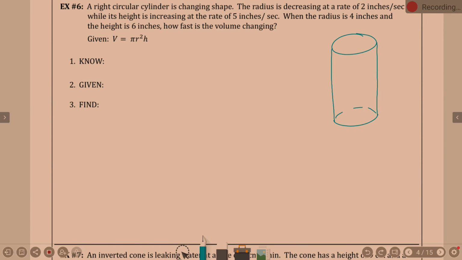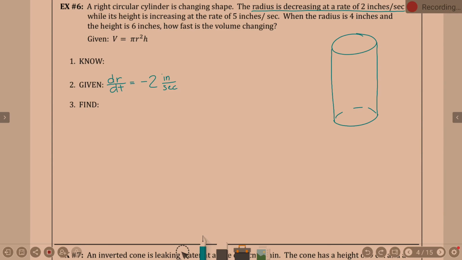The radius is decreasing at a rate of 2 inches per second. So how can we interpret that? dr/dt, change in radius over time, decreasing, makes it negative 2 inches per second.